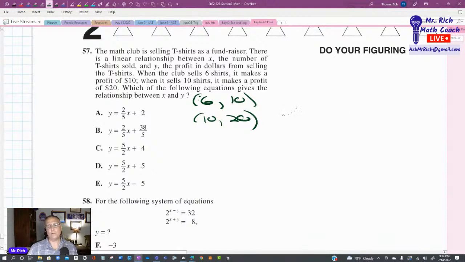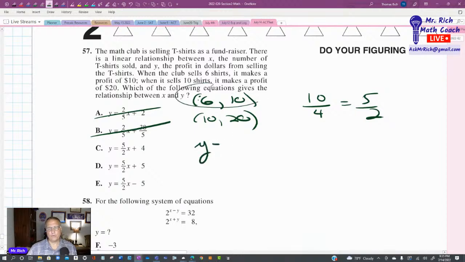What is the slope here? The slope is 10 over 4, or 5 halves. So these guys are out. Which one gives the relationship between X and Y? I'm going to use point-slope, with this point right here.